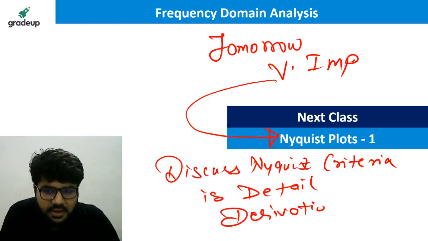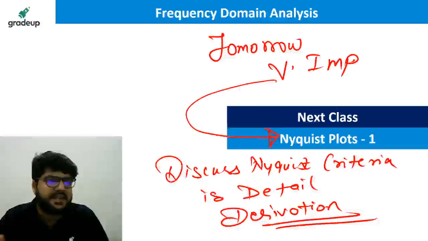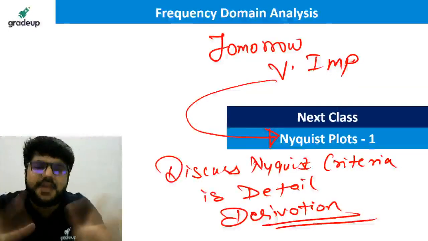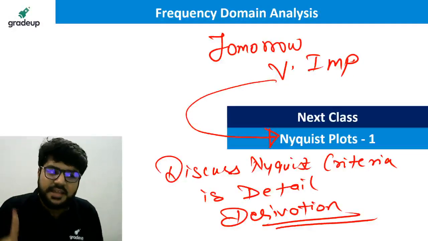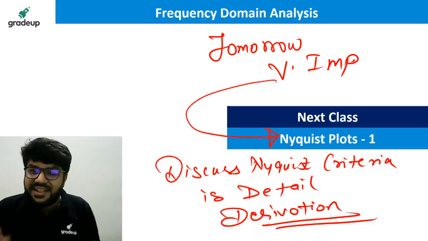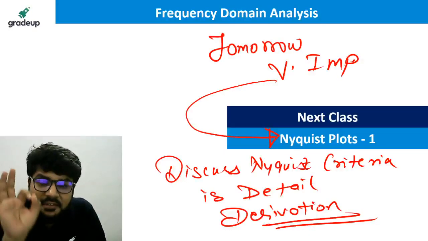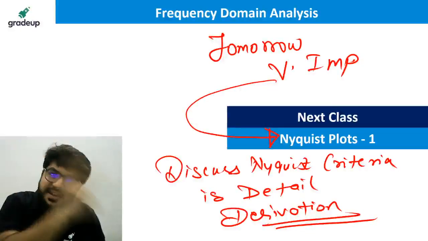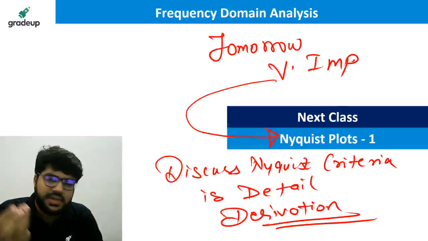What led to the Nyquist criteria is very important for any competitive engineering exam, not only GATE. The detailed derivation is important because there have been very good conceptual questions even in GATE 2020 and previous years, which require the understanding of Nyquist, not only sketching.